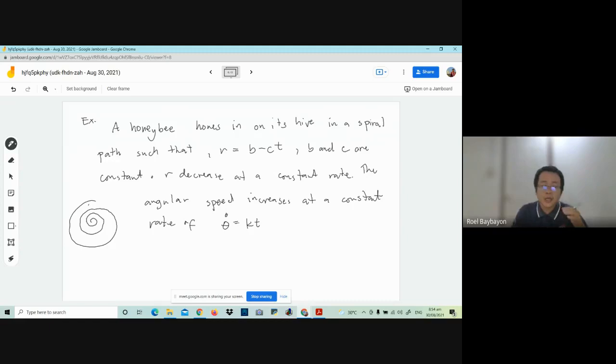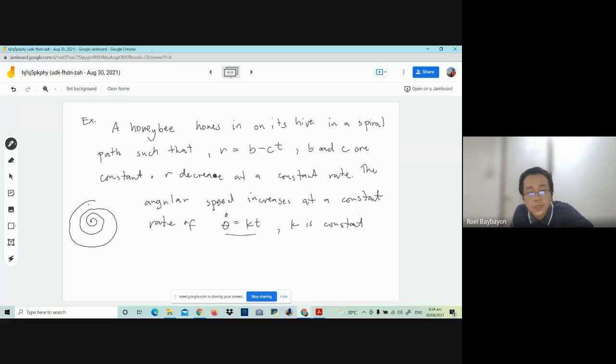Meaning r gets smaller but the angular speed gets faster. So theta dot is equal to kt, where k is also constant with time. Now, the question is: find the speed as a function of time.